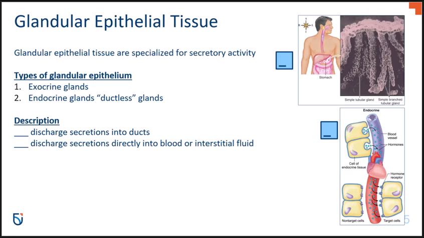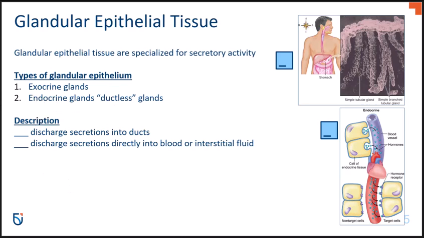We've spoken a lot about epithelial membranes and the tissue throughout our body that has many different functions, but we're going to look now at glandular epithelial tissue. The glands in our body that are made up of epithelial tissue have specialized function to produce and secrete a substance. The two types of glandular epithelium that exist are exocrine glands and endocrine glands.